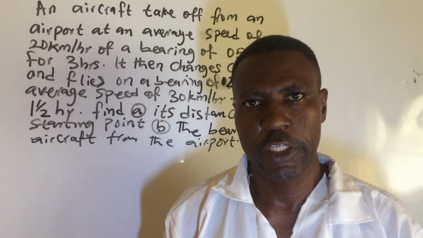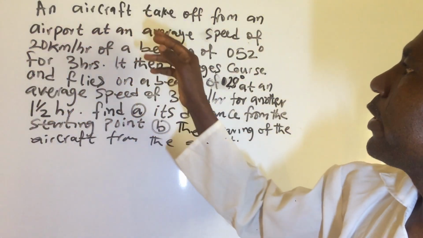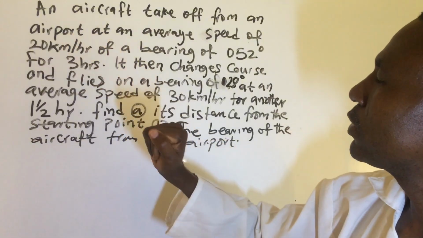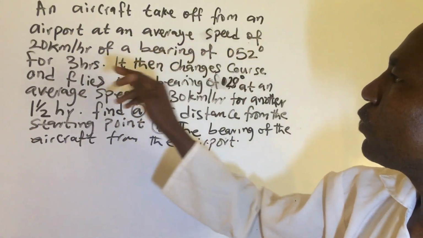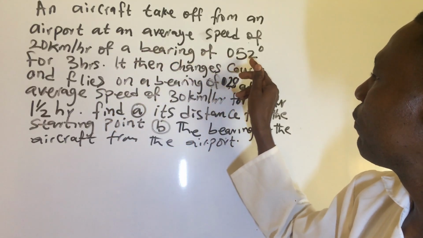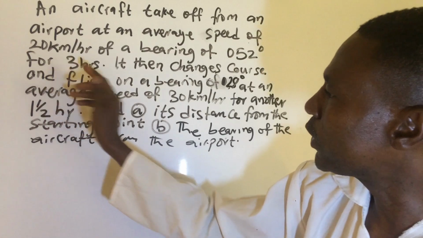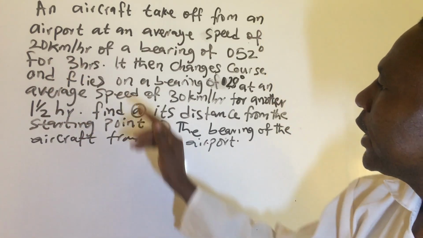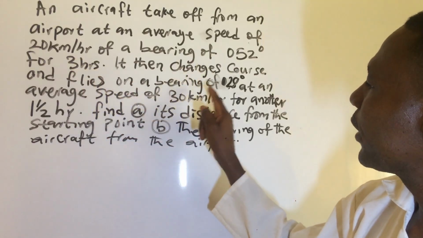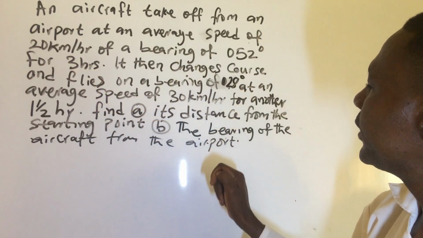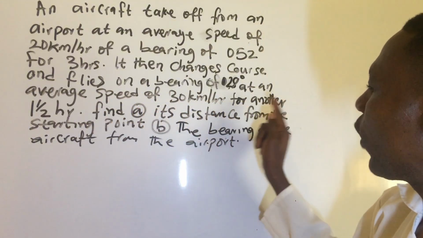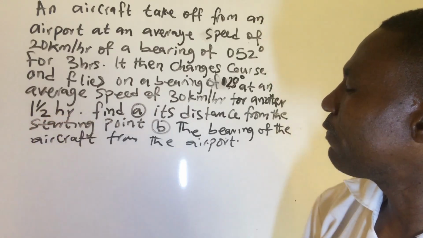The question on board says, an aircraft takes off from an airport at an average speed of 20 km per hour on a bearing of 052 degrees for 3 hours. It then changes course and flies on a bearing of 028 degrees at an average speed of 30 km per hour for another 1.5 hours.